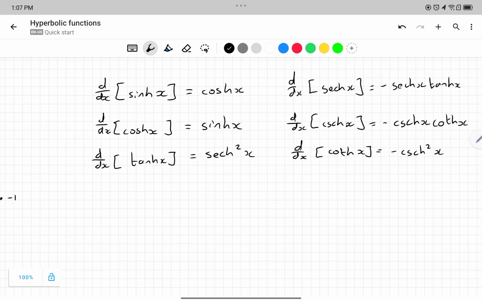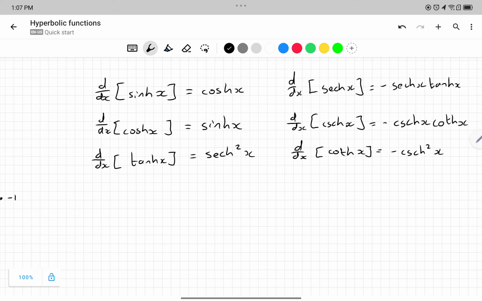So now, let's work on getting a few identities. One important point you need to pick up with hyperbolic functions is that they are not trigonometric functions. So, what do I mean by that?